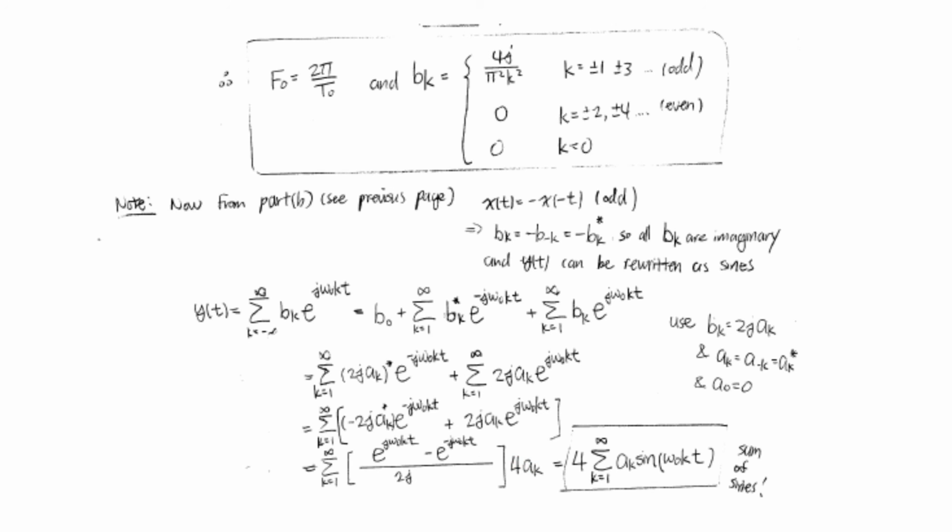I'm going to take this 4 so that we can have this 2j, so we can have this 2 on the bottom, and then also using the fact that minus j is equal to 1 over j, we can actually bring this j down to the bottom. The whole point of all that is we can manipulate to get this term here, which is the inverse Euler for a sine, and now you can see that that signal can be completely represented by a sum of sines instead of a sum of cosines.